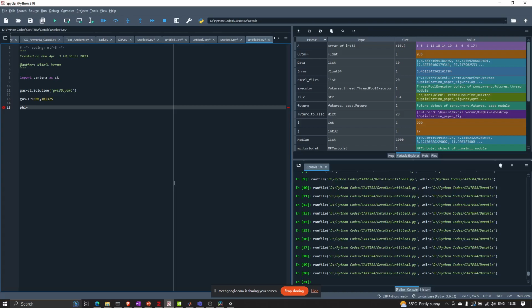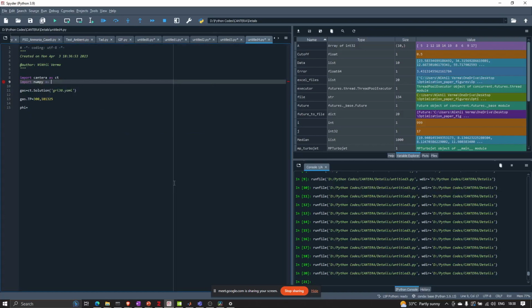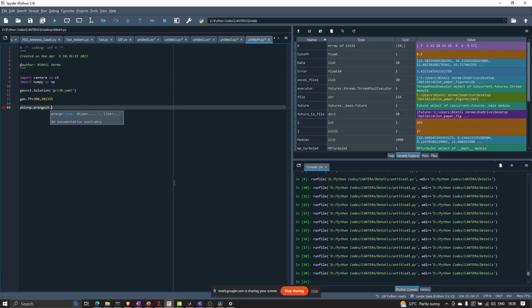Let me import another library for using arrays: import numpy as np. Let us vary our equivalence ratio from say 0.5 to say 4.